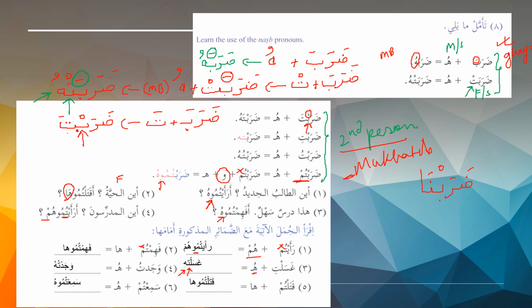Since there is a dhamma, it remains with hu dhamma. Wajadtuhu, I found it. And qataltumuhu, you all murdered it, or you all male murdered it. Sami'tumuhu, you all male heard it.